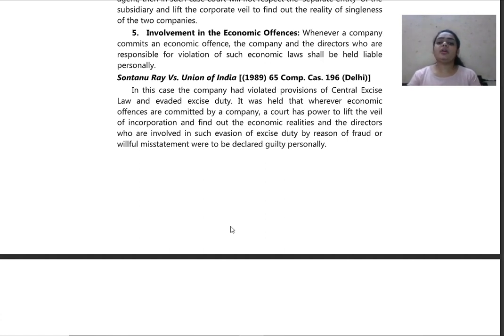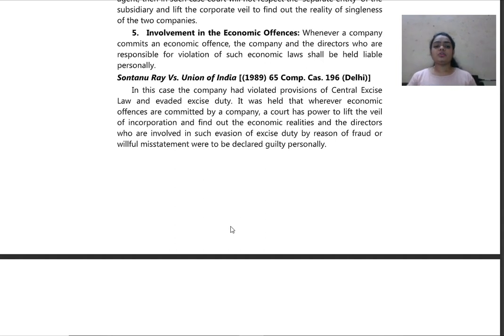So in case there is some kind of economic offense, the directors who are there and who have taken the responsibility shall be held liable for the violation of the economic laws.